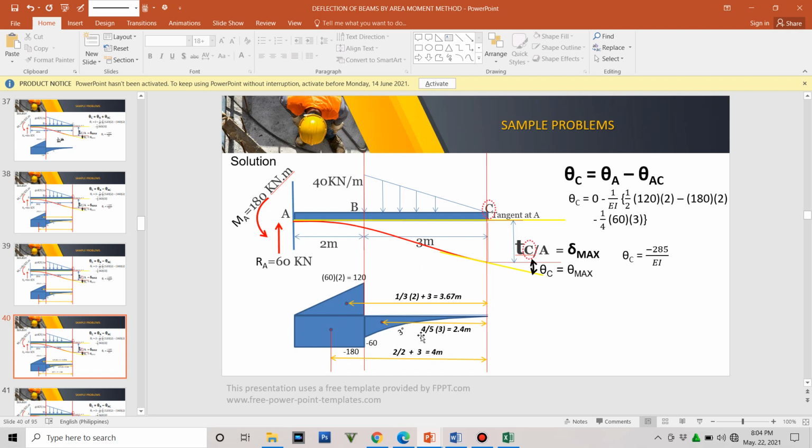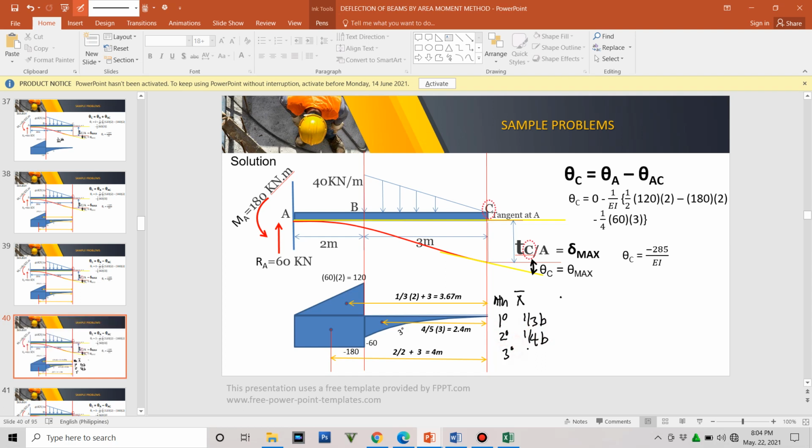And for this one, a third degree spandrel. So, remember, for our spandrel, the x-bar, depends on the nth degree. The formula we apply: for first degree, 1/3 of the base. For second degree, 1/4 of the base.